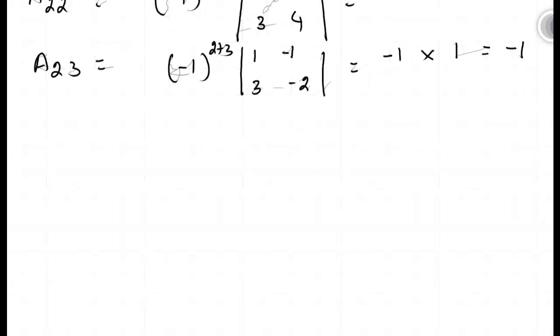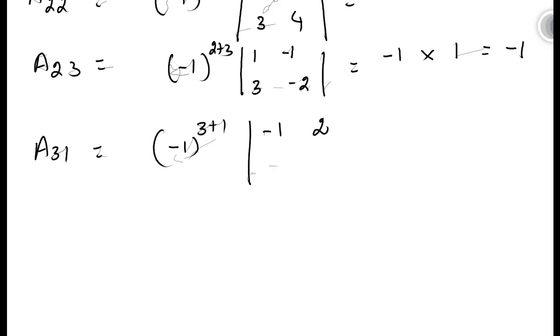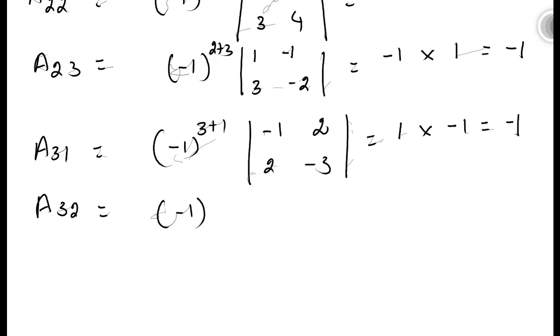Now let us go to the third row. That is A31 is equal to minus 1 to the power of 3 plus 1. Leaving the third row and the first column, you will have minus 1, 2, 2, minus 3, which is equal to 1 into 3 minus 4, that is minus 1. A32 is equal to minus 1 to the power of 3 plus 2.